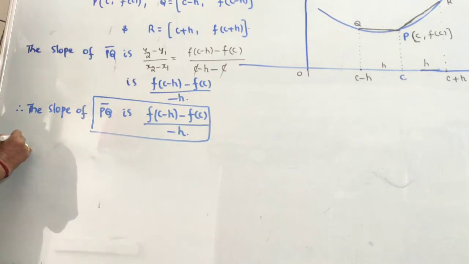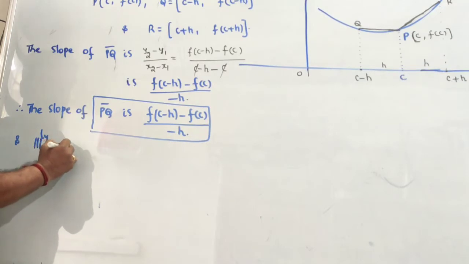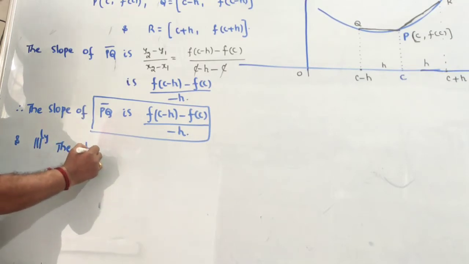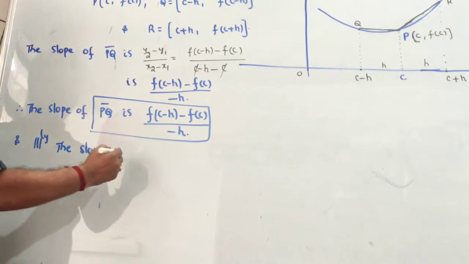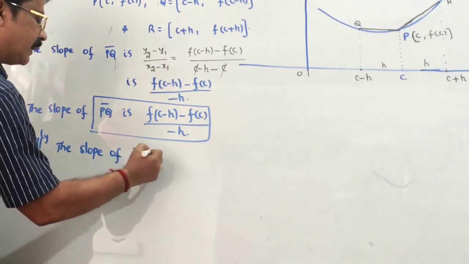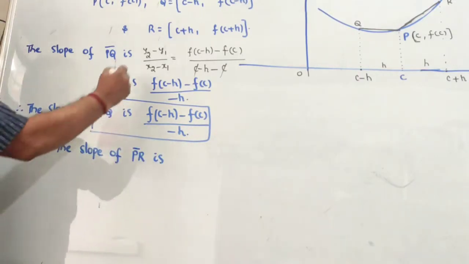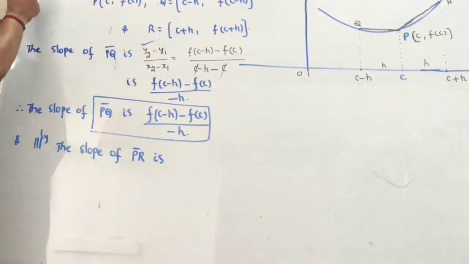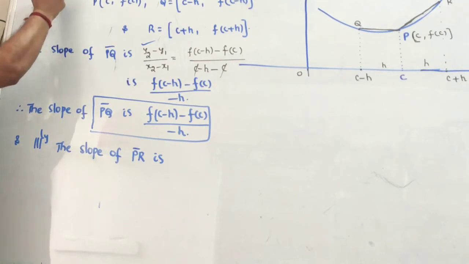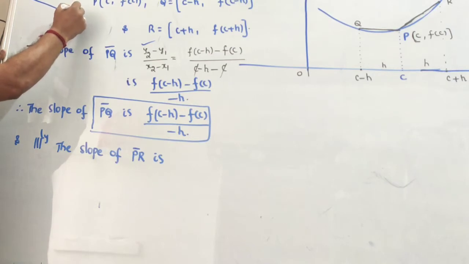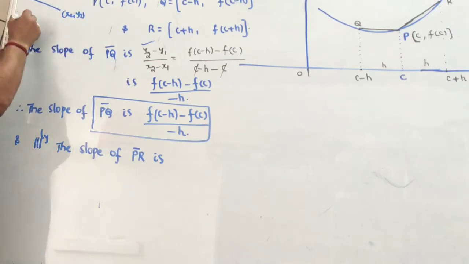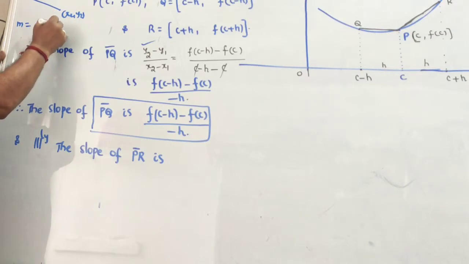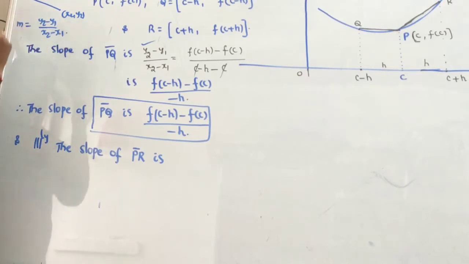And similarly the slope of PR bar uses the same formula, y2 minus y1. In geometry, for a chord joining the points x1 comma y1 and x2 comma y2, the slope formula is y2 minus y1 divided by x2 minus x1.